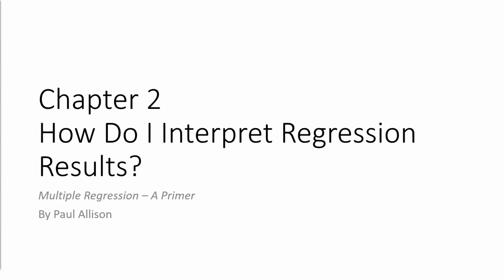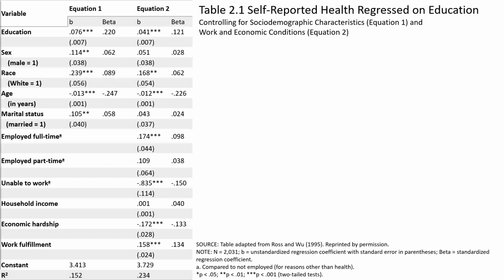But when you read journal articles, you'll often find tables and multiple regression equations published in the results section. Chapter 2 in Allison's book goes through how those tables might be set up, some of the most common ways that they are set up, and then how to interpret what is in those tables and what that tells us about the variables being studied.